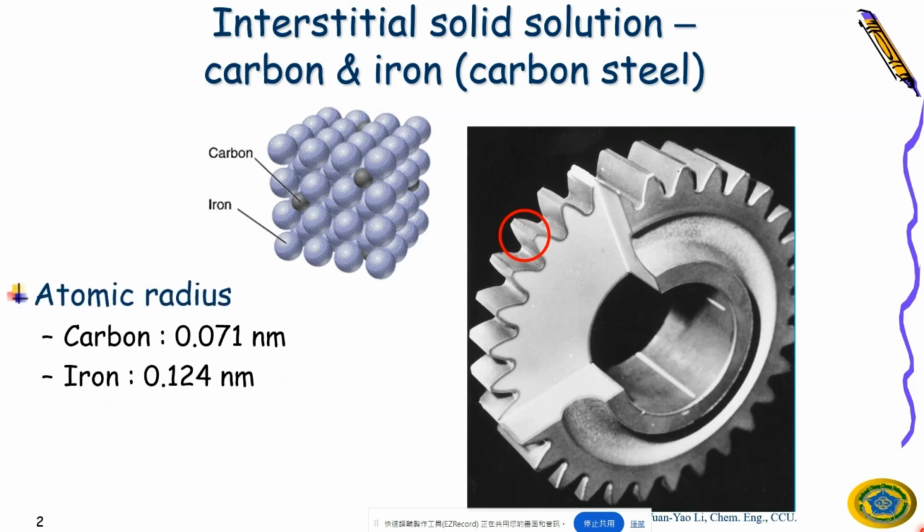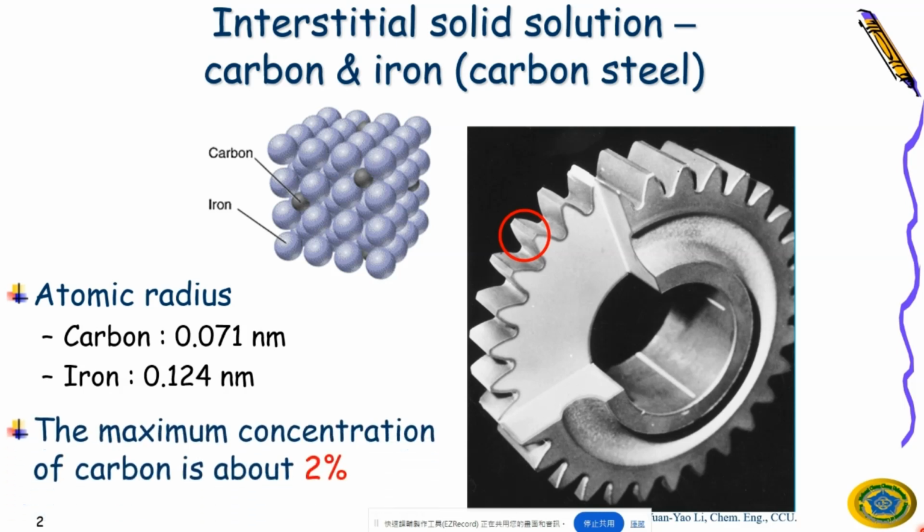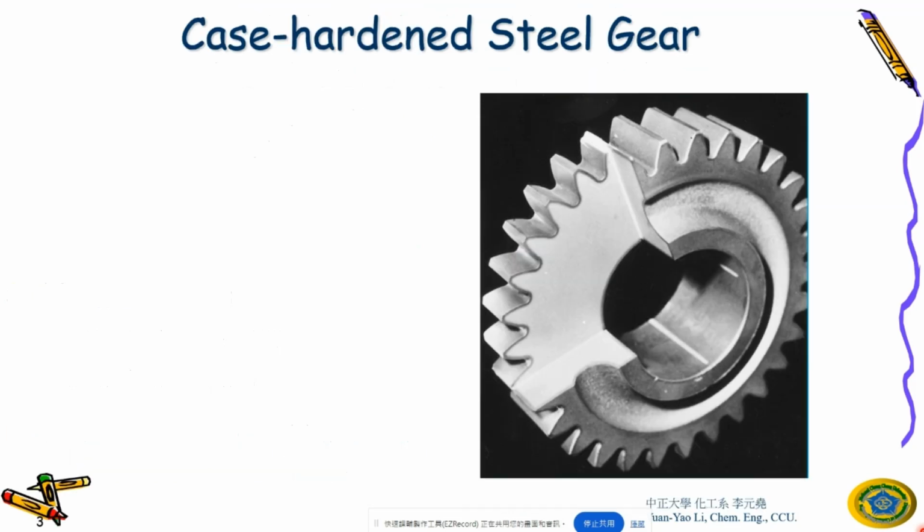Carbon can go into the iron because the size of carbon is smaller than the iron. That's why we call it interstitial. The maximum concentration of the carbon is about 2%. That's what we have learned already. This technique is called case hardened steel.